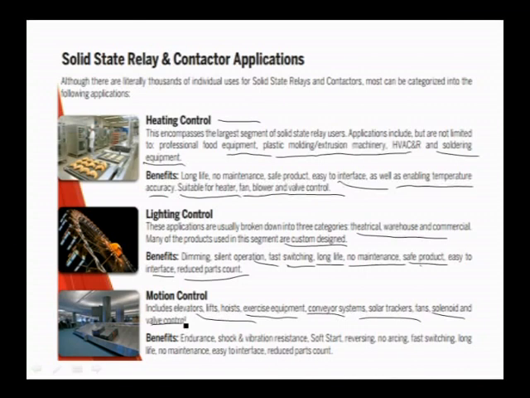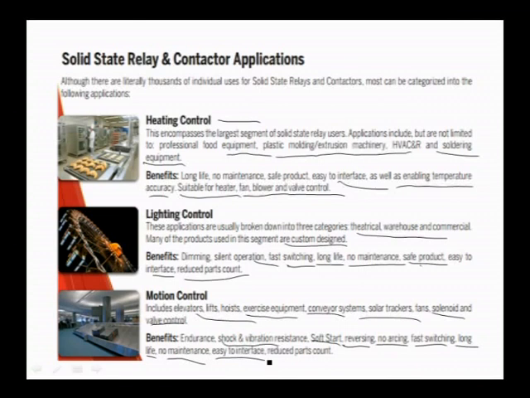What are the benefits here? Shock and vibration resistance, and soft starting: there will be no jerks when you enter a lift or elevator, or use exercise equipment or a conveyor. Reversing, and no arcing as no contactors are involved. Fast switching, long life, no maintenance.